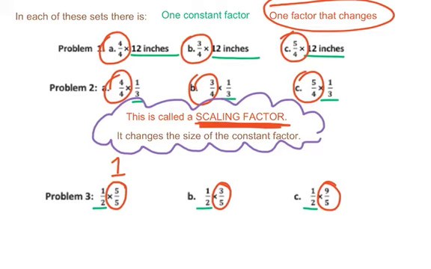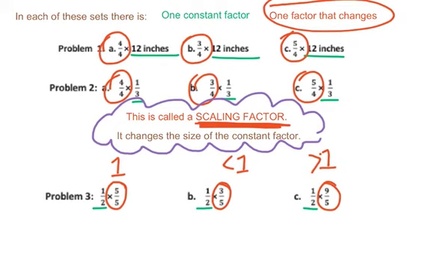So the product will be equal to 1/2. We see that 3/5 is actually less than 1. So the product will be less than 1/2. And finally, 9/5 is greater than 1. So our product will be greater than 1/2.